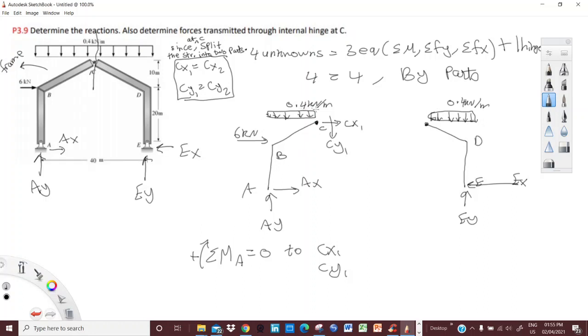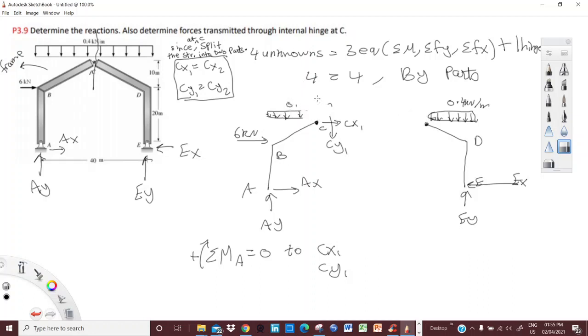Right now you can find the concentrated load by taking 0.4 times the length from A to C, which is 20. 0.4 times 20 gives 8 kilonewton downward.